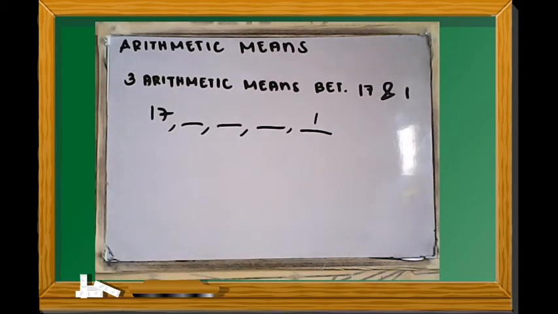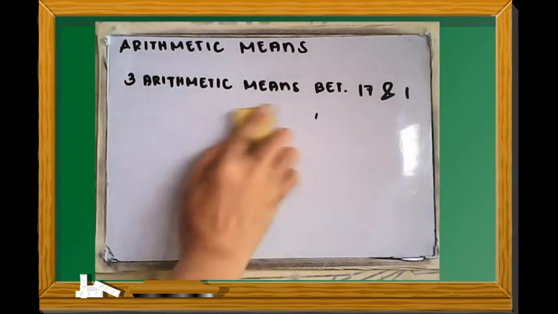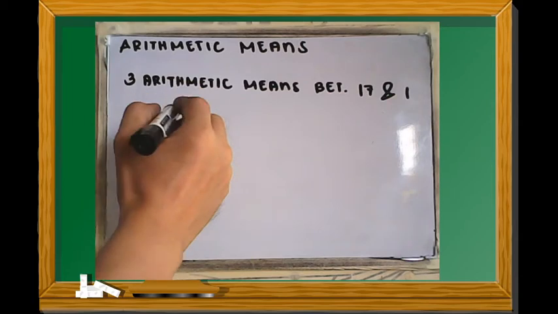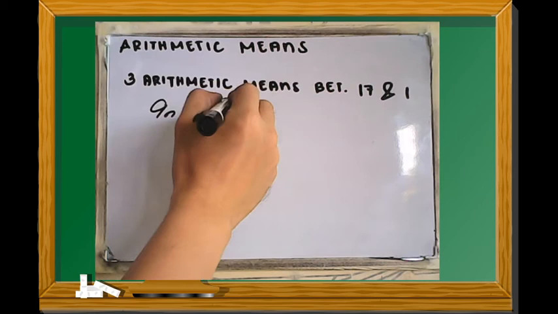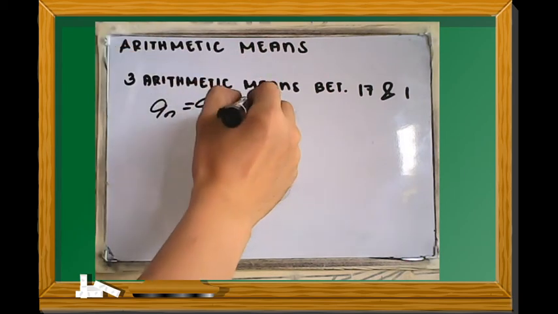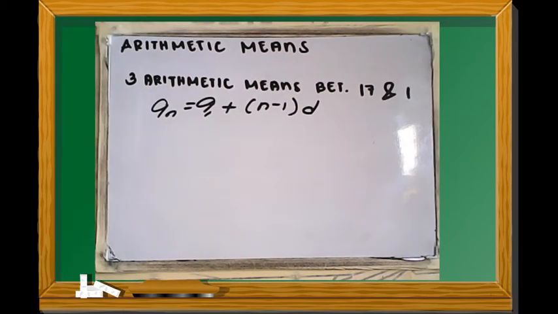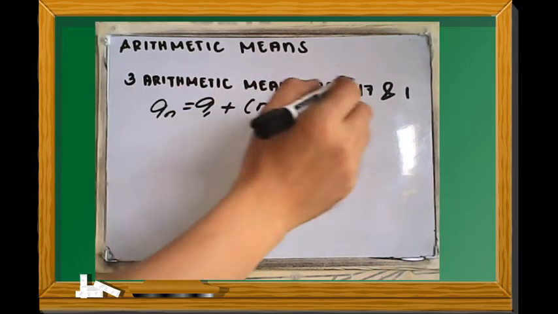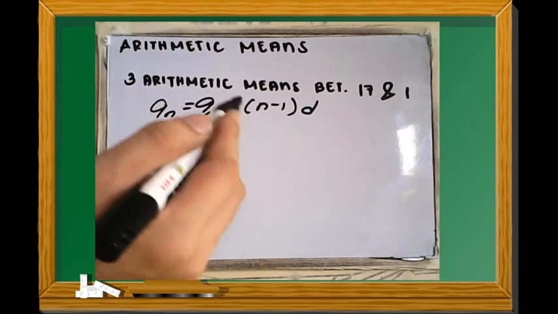To compute for the arithmetic means, we can use our formula a sub n is equal to a sub 1 plus n minus 1 multiplied by the common difference. Again, in this given between 17 and 1, we have to identify three arithmetic means.